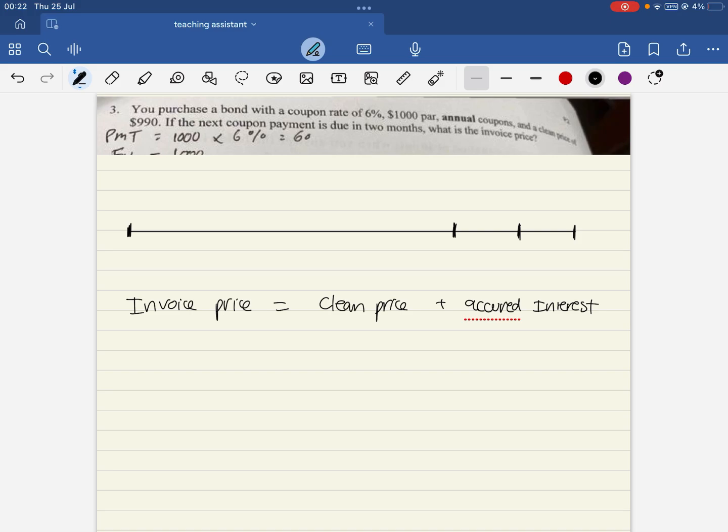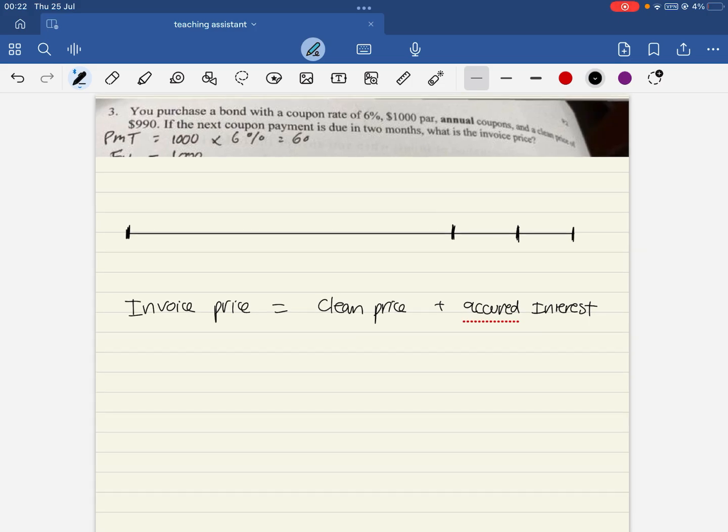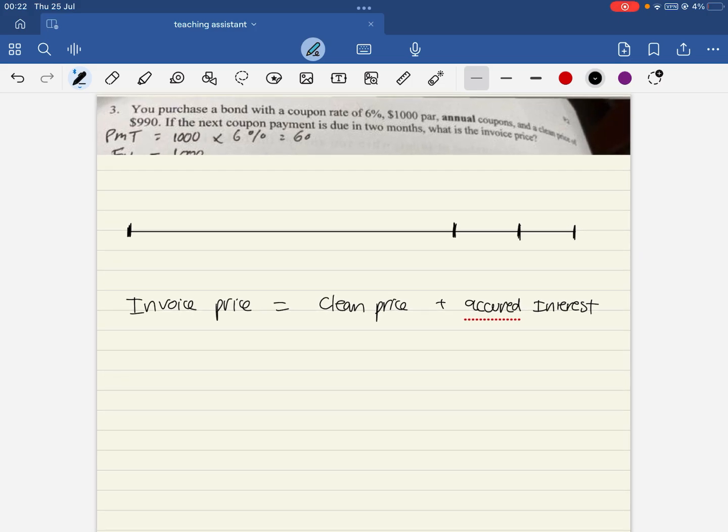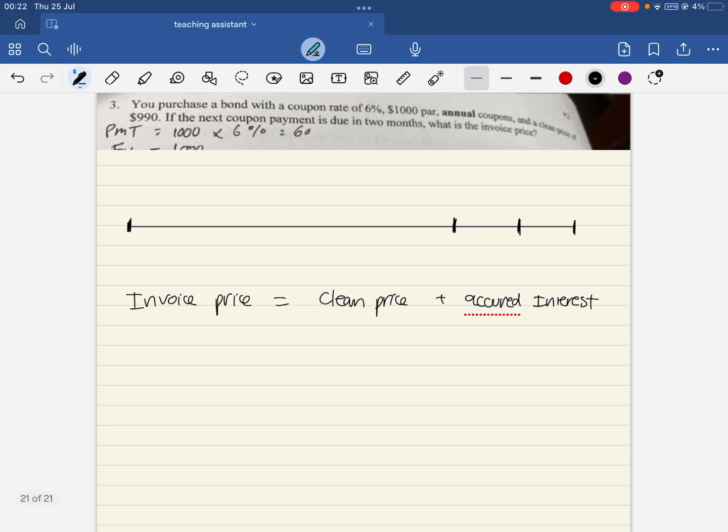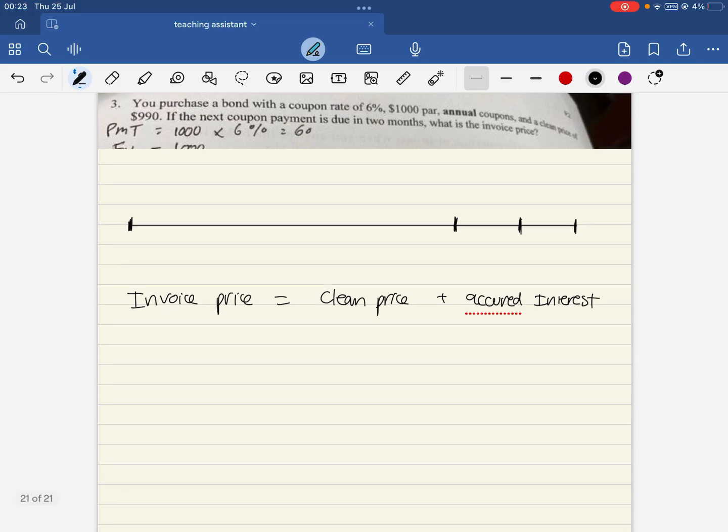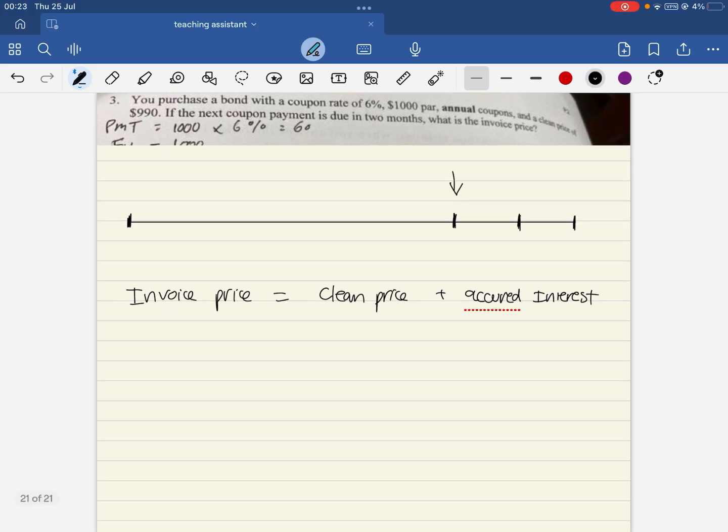For this exercise, this bond hasn't paid yet because at the time you buy the bond, there are still 2 months before the day where you will receive the payment. So because this one is an annual coupon, as clearly as we can see, we have bought the bond at month 10 over 12.